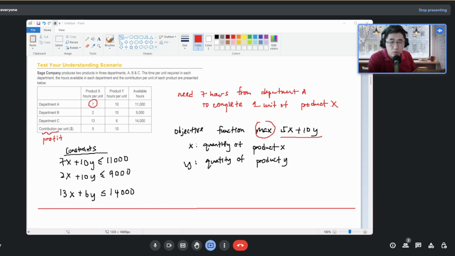I'm going to draw the graph of y equals to 11,000 minus 7x, over 10.